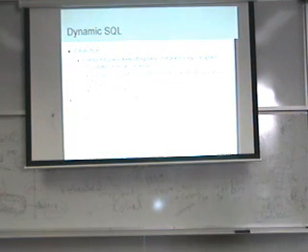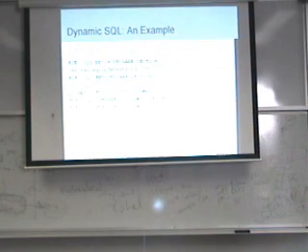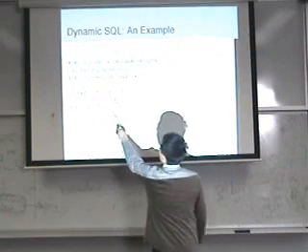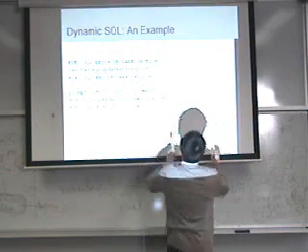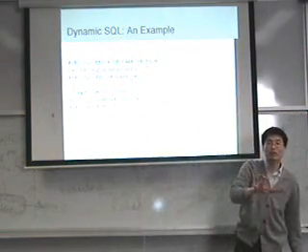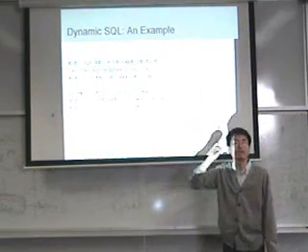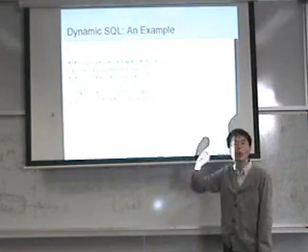You can see the example here. We can define the SQL statement, like the update command. So you can directly put the SQL statement here. Select something from table name, where, something like that.